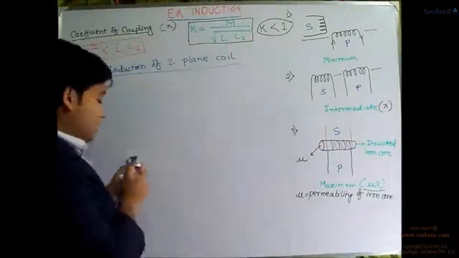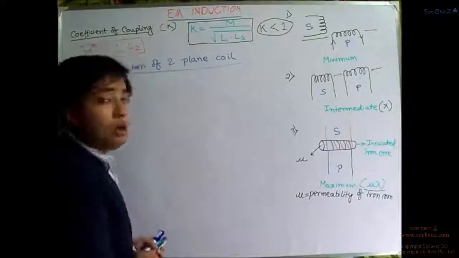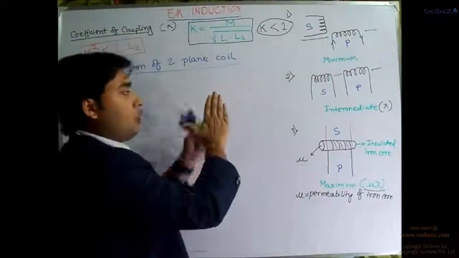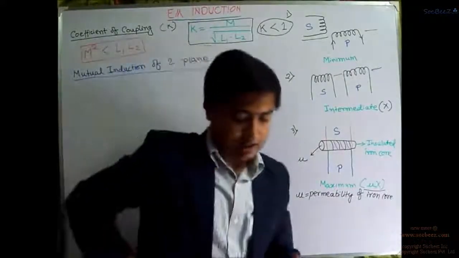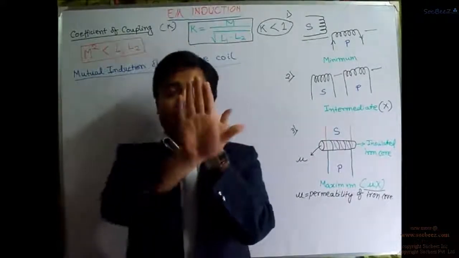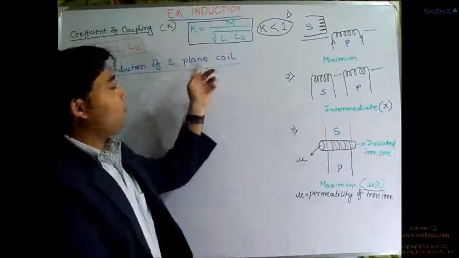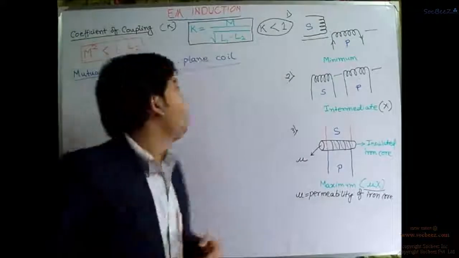Because there would be two plane coils. If the two plane coils are kept such that one coil is on another coil, like this. Say this is a coil, right? And on this coil we are keeping another coil now. So this is plane coil one, and we are keeping it on another coil.